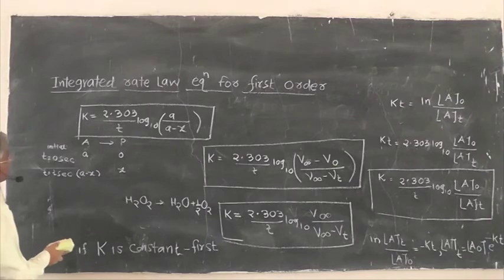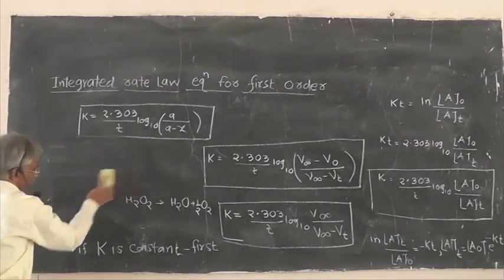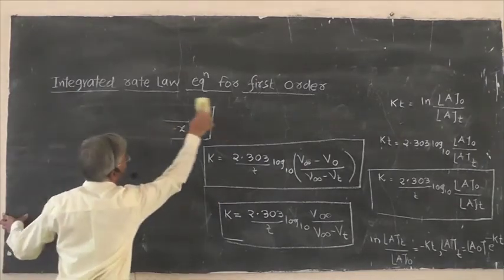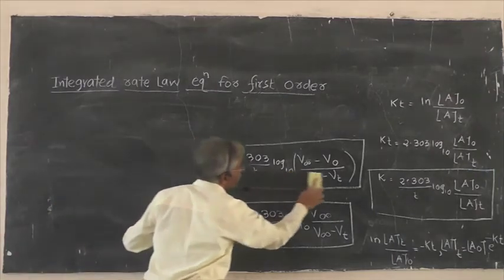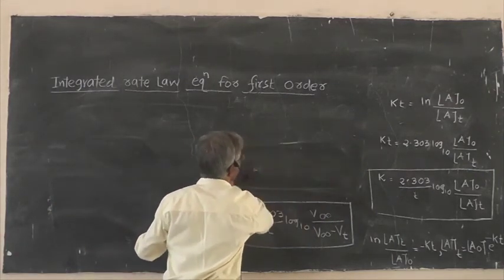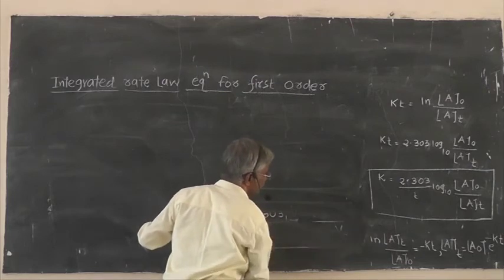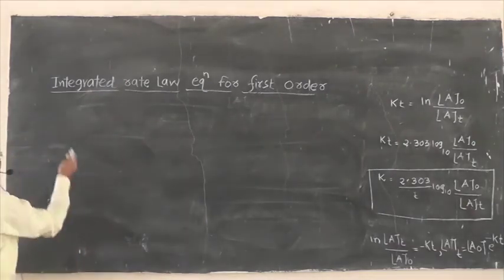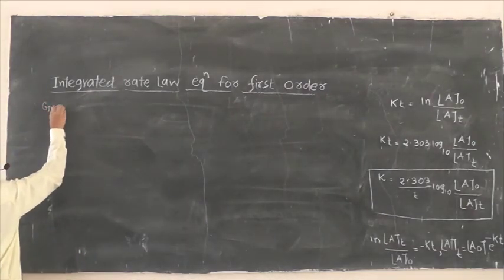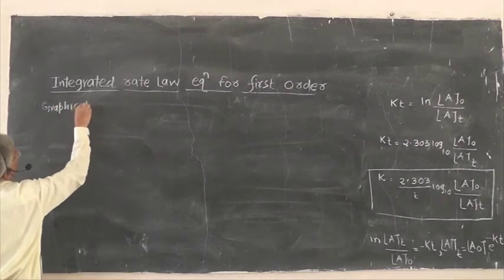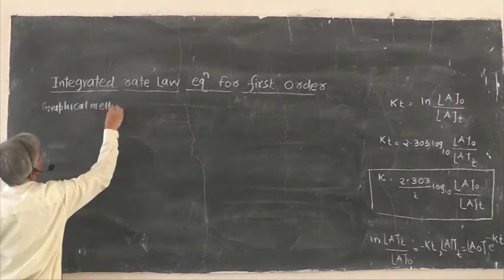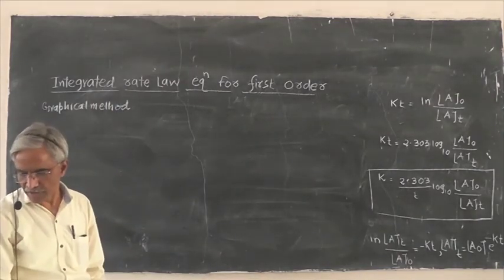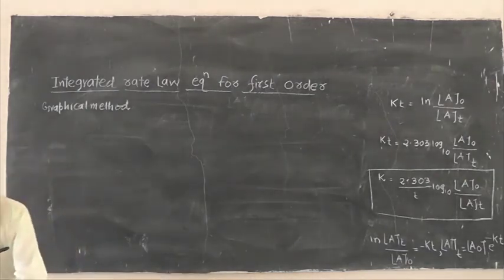The third way of studying the order of the reaction is the graphical method, because after the mathematical method, we plot graphs, and if the graphical method and the mathematical method give the same values, we say that the experiment is proved. Now let us go for the graphical method to determine the first order reaction.